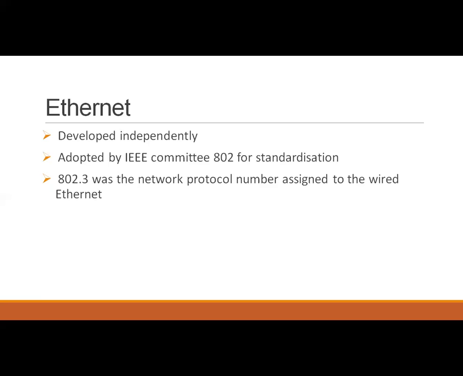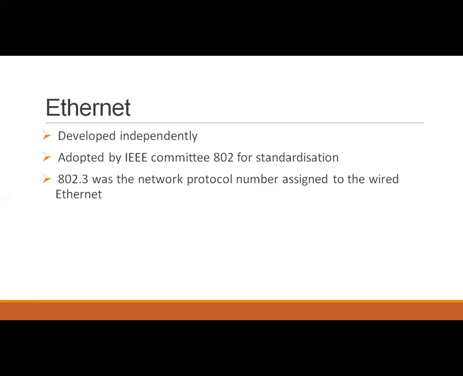So 802 is the subcommittee number of IEEE, which is actually responsible for standardization of the Ethernet, and it has then different variants, some of this protocol dealing with the different areas of connectivity.